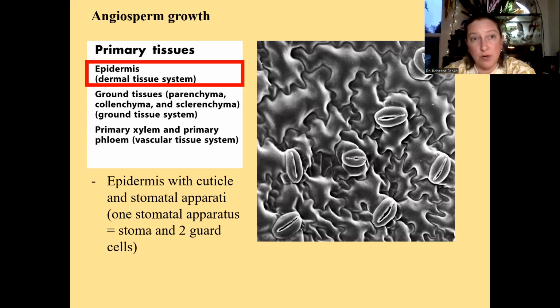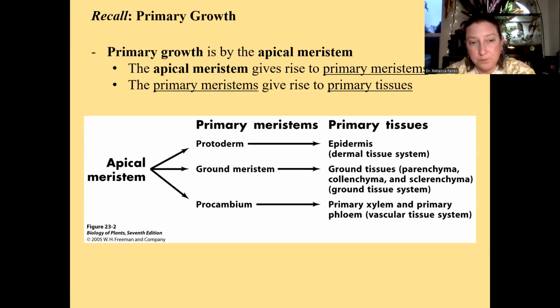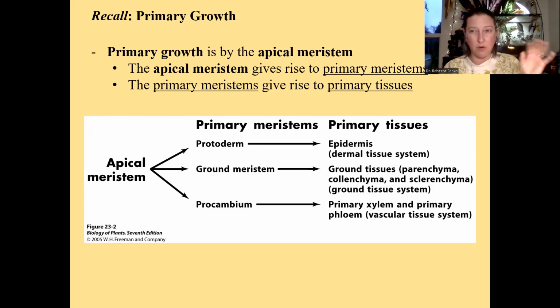Specifically in the angiosperms, when we covered this before, we just kind of talked at the tissue level, but then we didn't ever really talk about the cells that make up those tissues.